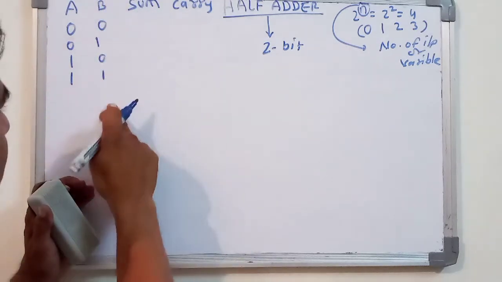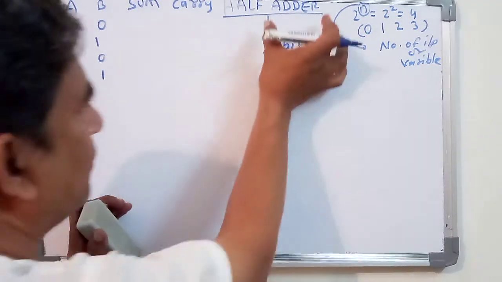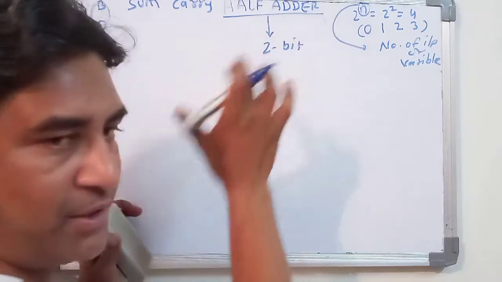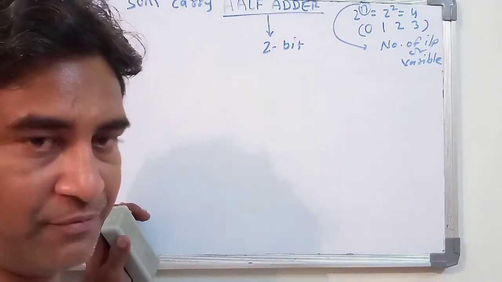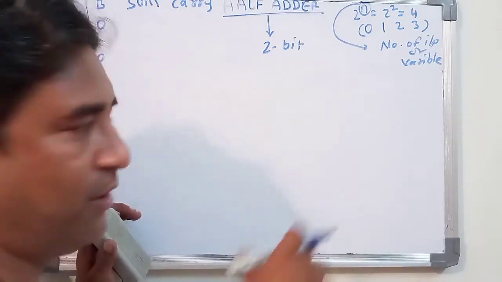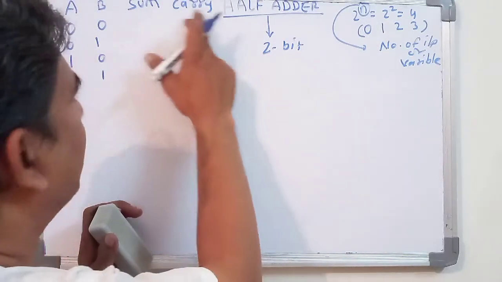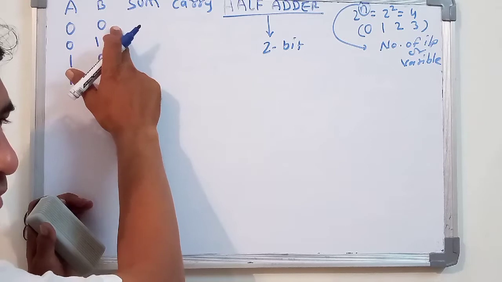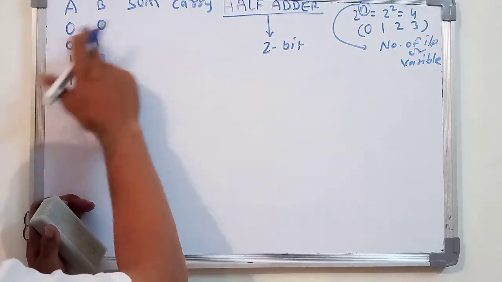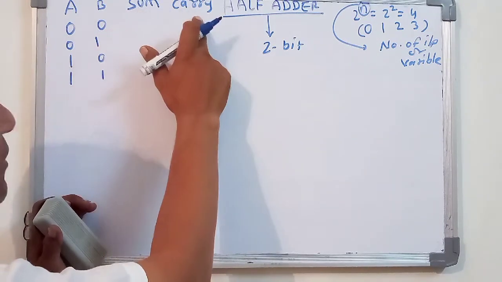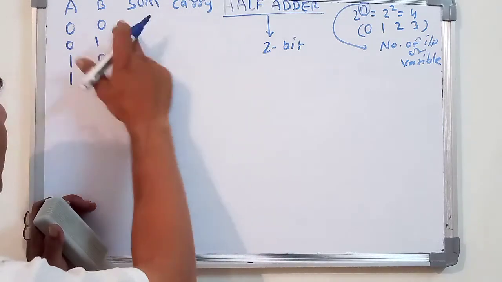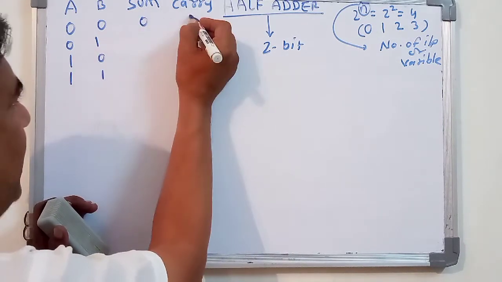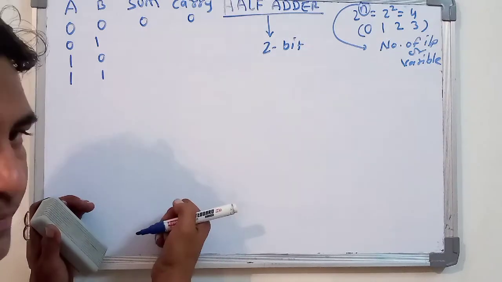Now from this observation, this adder is a type of addition. Whenever addition occurs, you get the sum and the carry. From this truth table, see what the sum and the carry are. 0 plus 0, the sum is 0 and the carry is again 0.